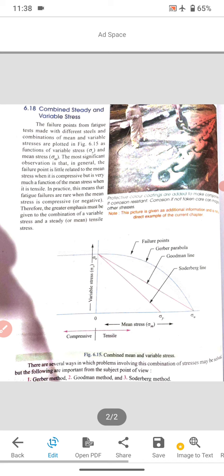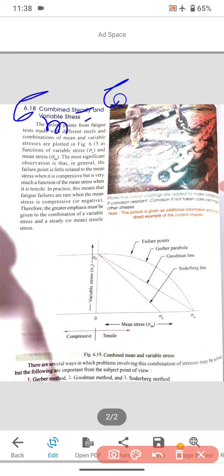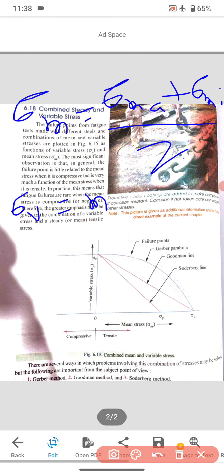If not, I wish to tell you the values: sigma m is equal to sigma max plus sigma minimum upon 2, that is sigma mean, and sigma variable is equal to sigma max minus sigma minimum upon 2.